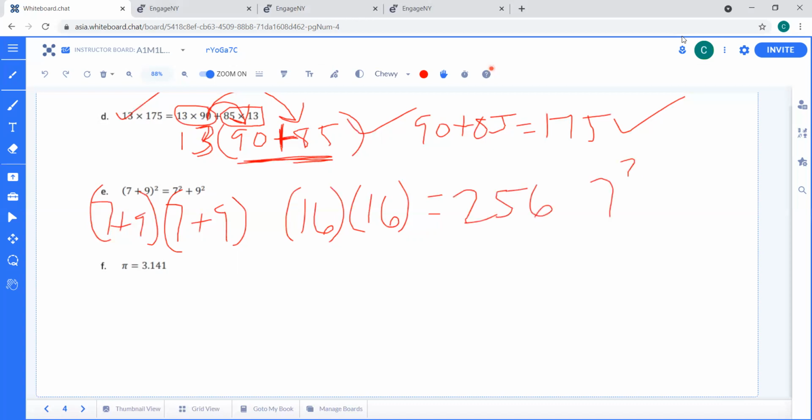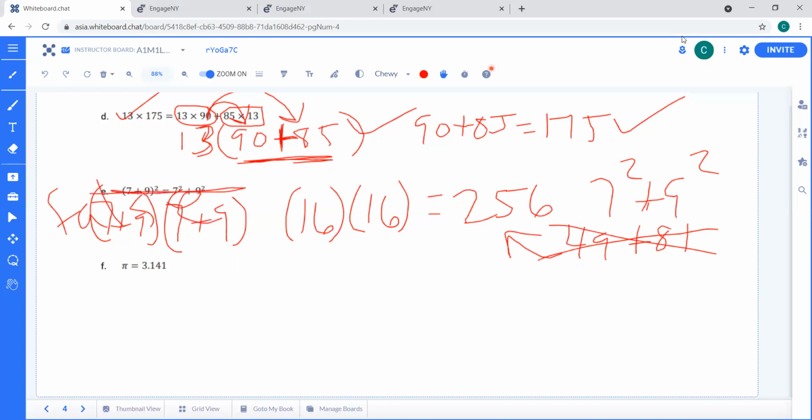Now, is 7 squared plus 9 squared 256? Well, that's 49 plus 81. That's not going to get me to 256. So no, that is a false statement. That is not true. Actually, that's only 130, so that doesn't work out.